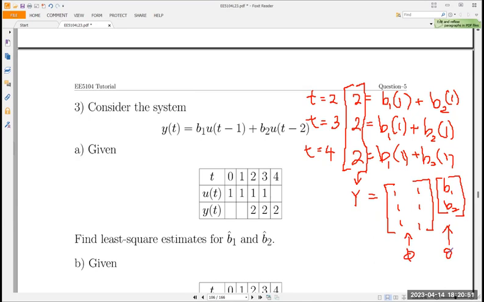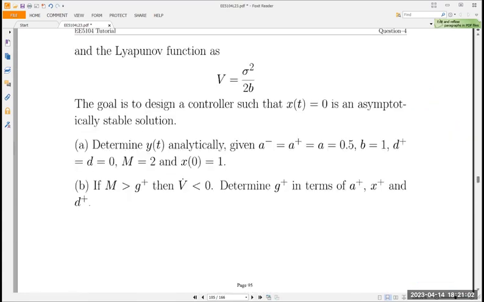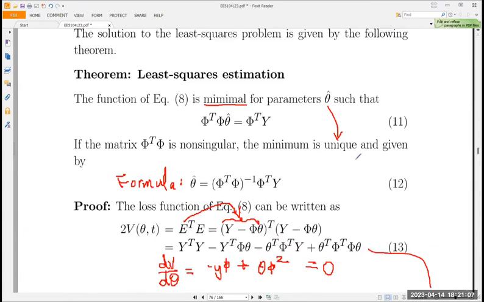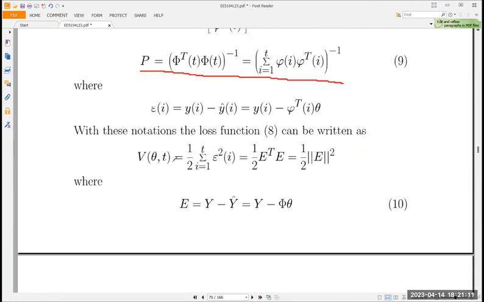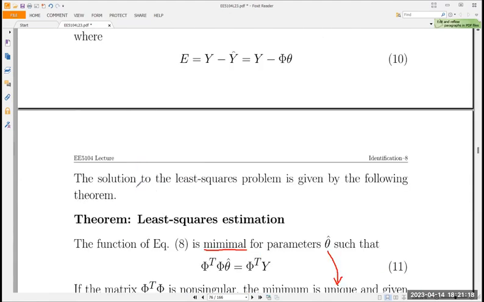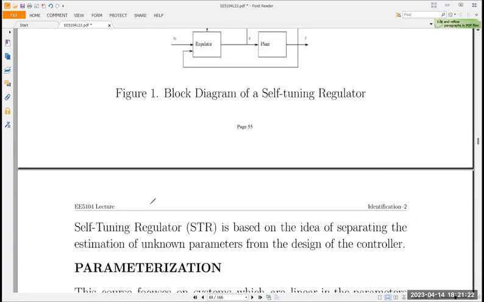Correct? Then, if you look at the formula for least square, it was derived as follows.